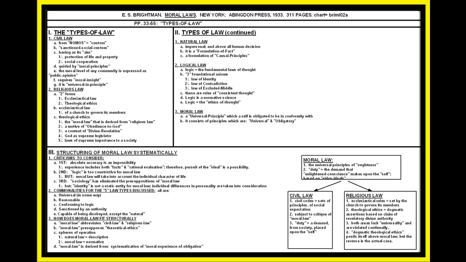So it is experimental positing, outgoing desire, and interpretive construction. And in that way, we construct moral law, universal moral principles.